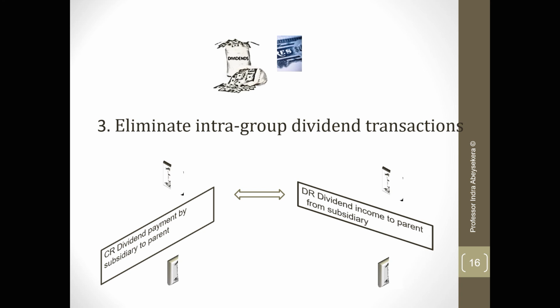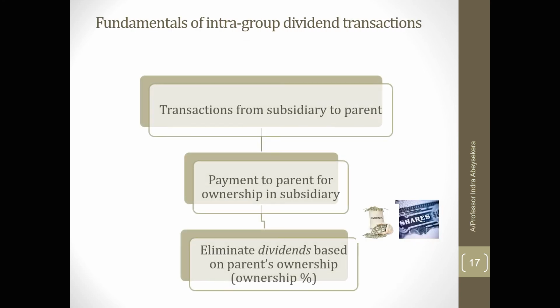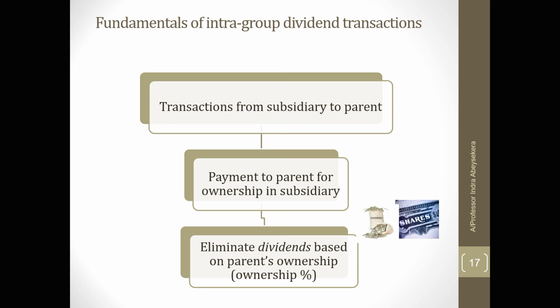So we debit dividend income from subsidiary and credit the dividend payment to the parent. If we take the transaction here, we eliminate dividend based on the parent's ownership, because the parent is going to receive dividends from the subsidiary based on the ownership.